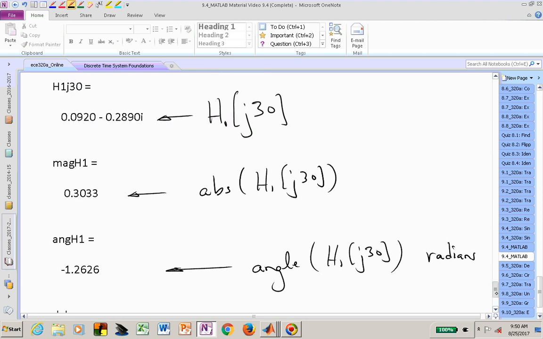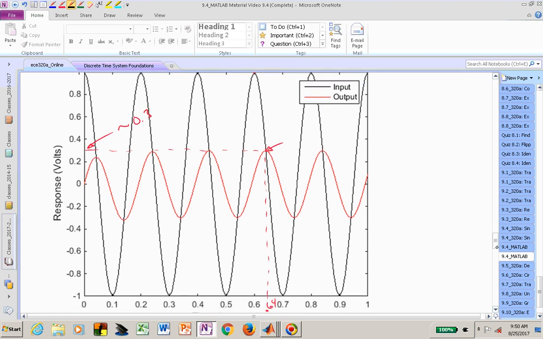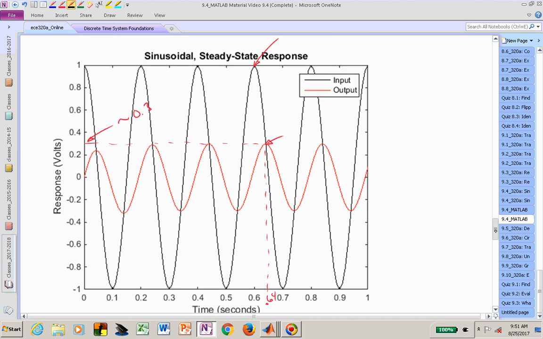But I hope this is showing you that if you excite, or shake, a linear time invariant system at a given frequency, in this case 5 hertz, I should see 5 peaks of this black curve, 1, 2, 3, 4, 5 in 1 unit of time, and I do.